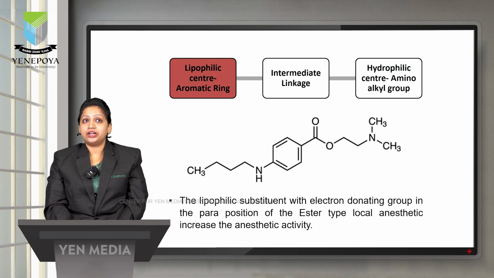Here in tetracaine, it is a butyl, that is a 4 carbon atom group, which is being substituted. As the substitution increases, the maximum activity is shown by C4, C5 or C6 substitution. In this example, tetracaine, you can see a C4 substitution in the molecule.